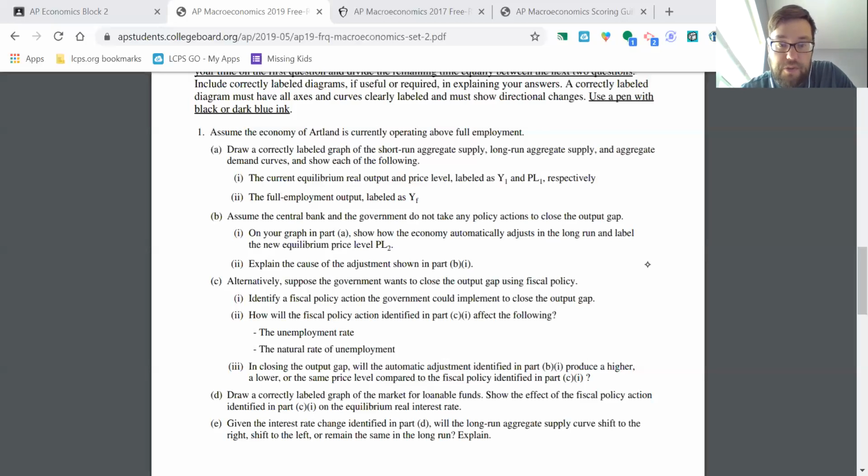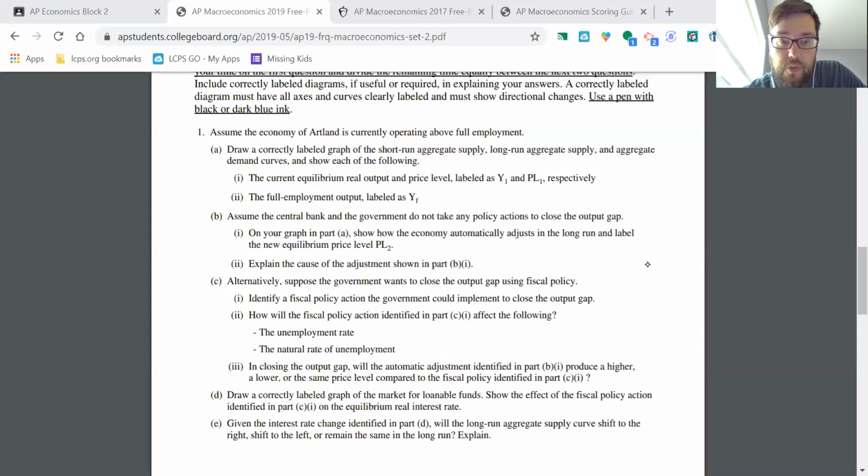Okay, part 3, in closing the output gap, will the automatic adjustment identified in part B1 produce a higher, a lower, or the same price level compared to the fiscal policy identified in part C1? Okay, so we have to go back. What is B1 up here? This is where we were showing the long run shift in the short run aggregate supply curve, as it was coming back towards full employment level.